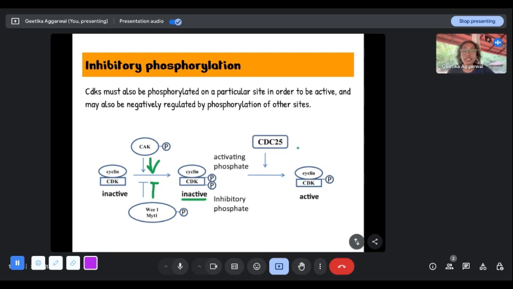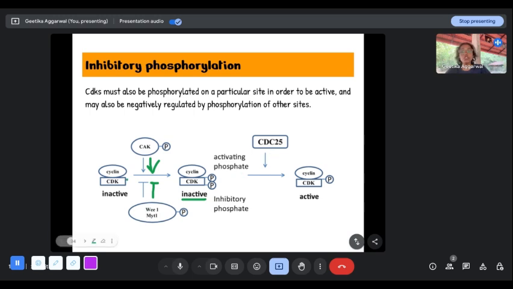But in this case, CDC25 is another protein which dephosphorylates this particular protein, and it converts it back into an active protein which has the phosphate group only on one side, which is the active site. So CDC25 leads to activation of the protein.